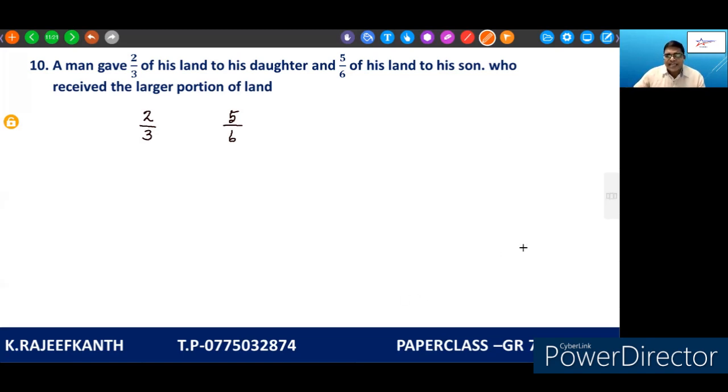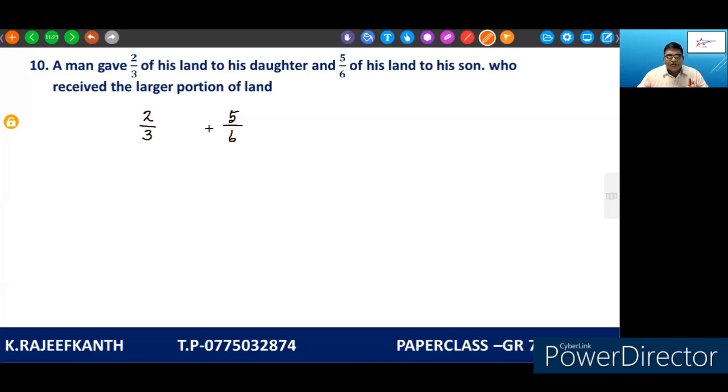Here in these two fractions, the numerators and the denominators are different. So we have to get the common denominator. That means we have to find the LCM of these two denominators. Here the denominators are 3 and 6.